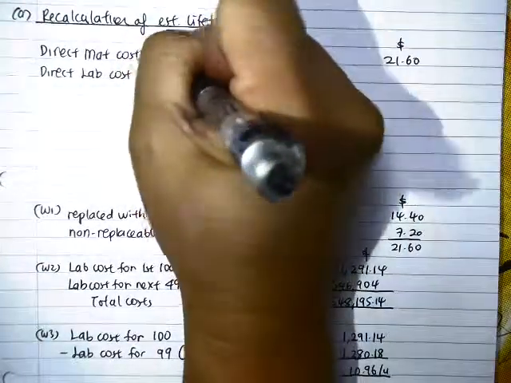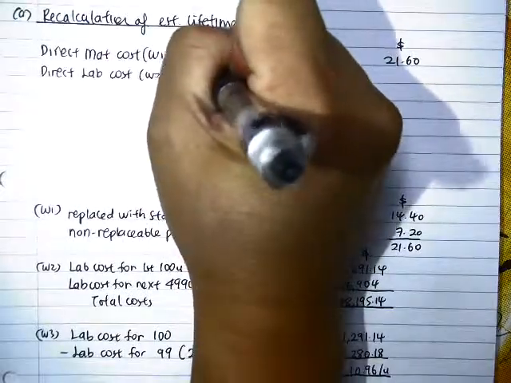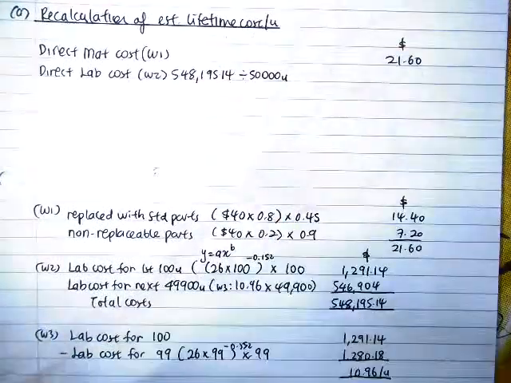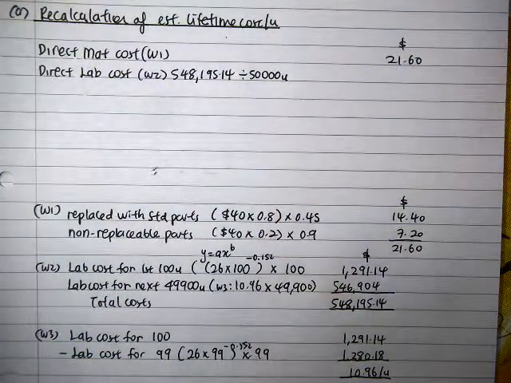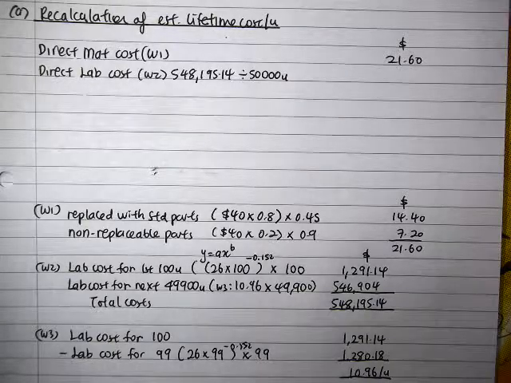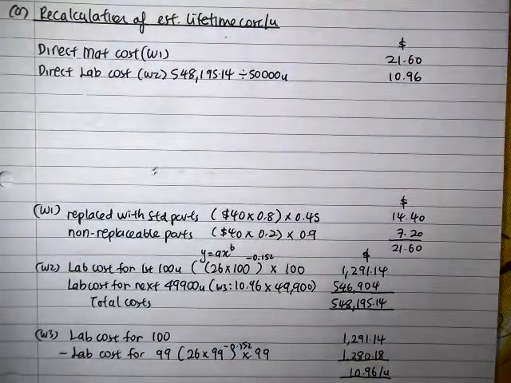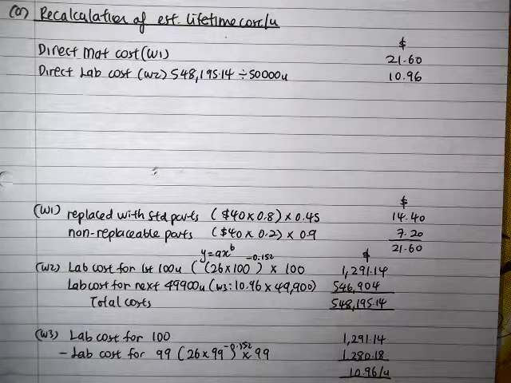So if you take 548,195.14 and divide it by 50,000 units, you're going to get 10.9639. So the cost per unit is 10.96. It's because the learning is very short.